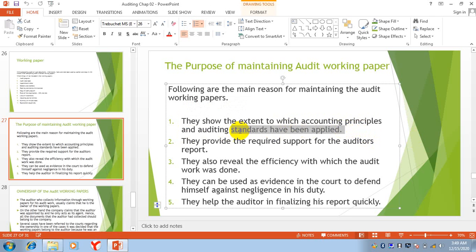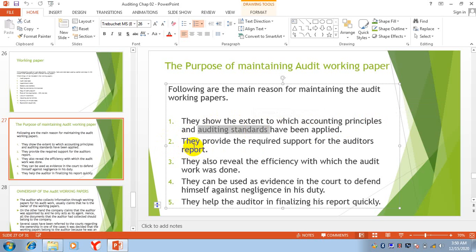Also, whether the company followed the accounting principles in their books of accounts or not. So one of the reasons for maintaining the working papers is to check whether the auditor who is performing the audit followed accounting principles and the auditing standards or not.